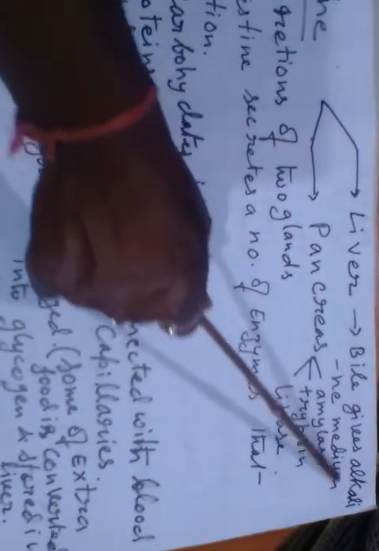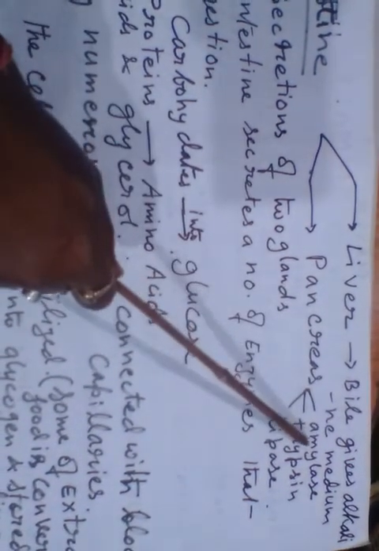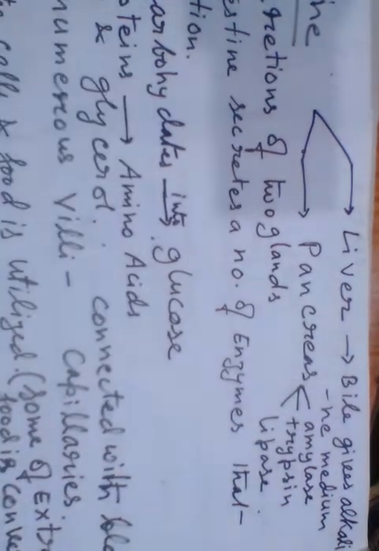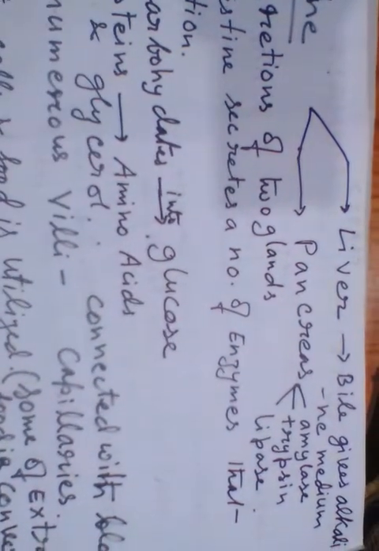that gives an alkaline medium for the enzymes of another gland, the pancreas, to act upon. Here the pancreas releases a carbohydrate digesting enzyme, pancreatic amylase, trypsin, a protein digesting enzyme, and a fat digesting enzyme called lipase.